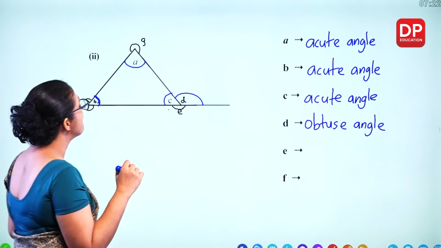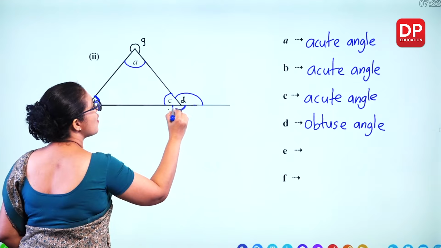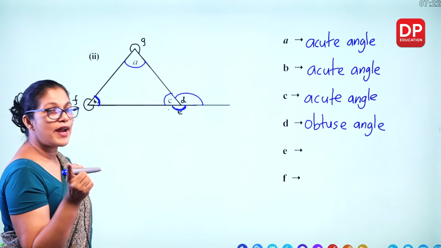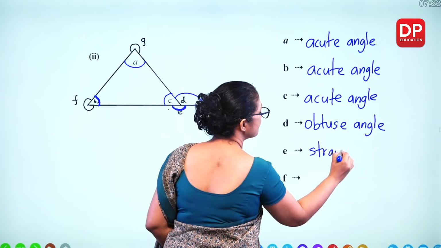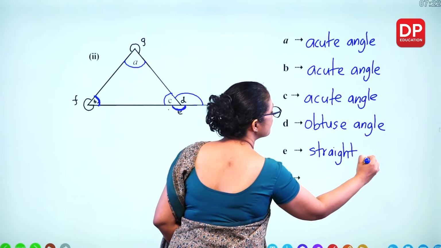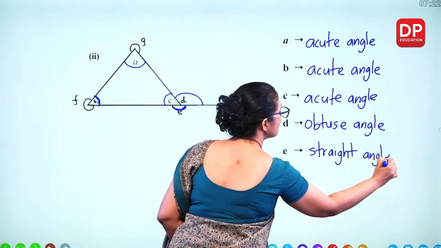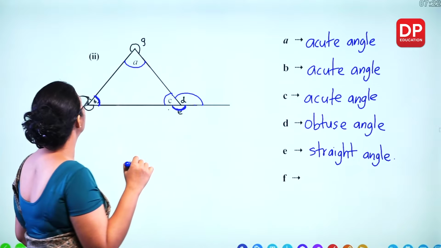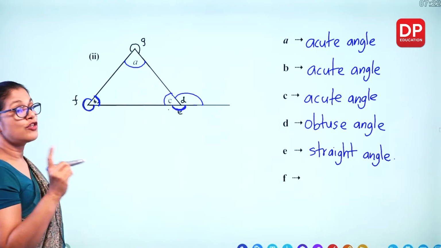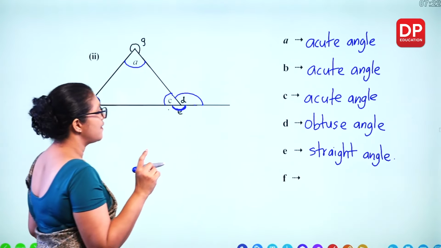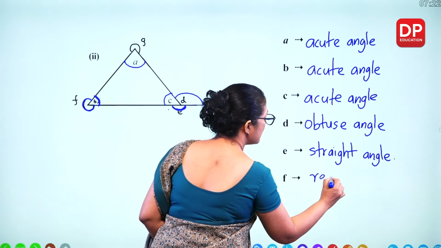E, here, E is on a straight line, straight angle. F, F is here, more than two right angles, that's a reflex angle.